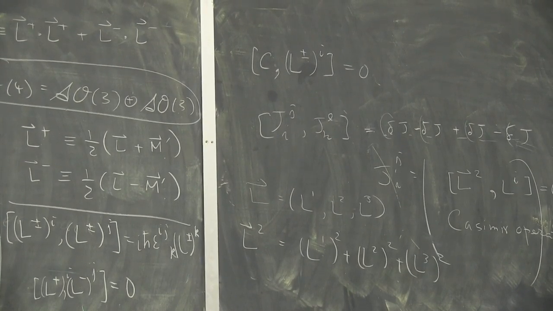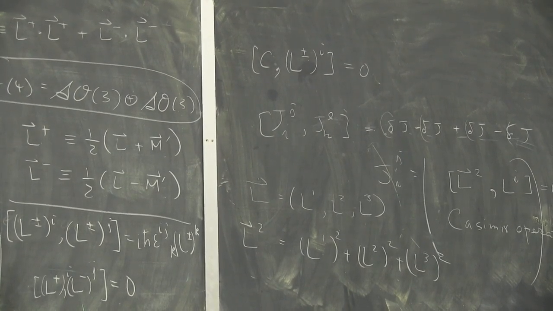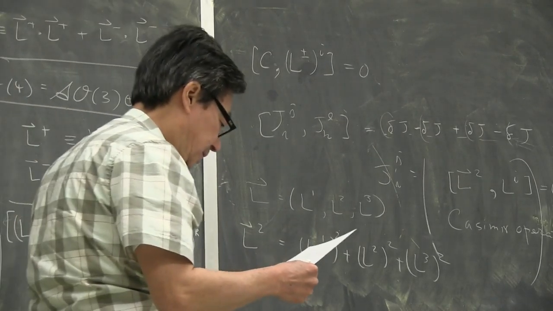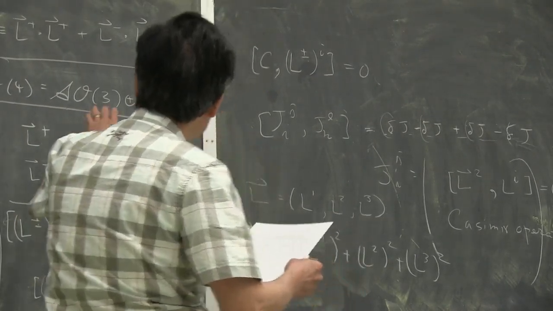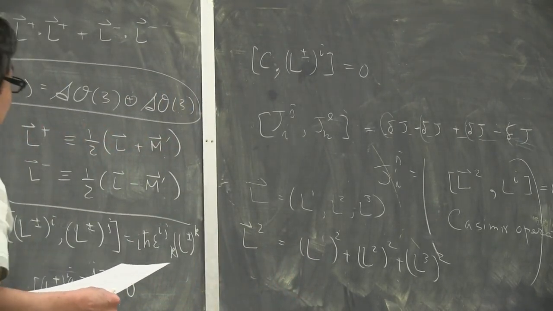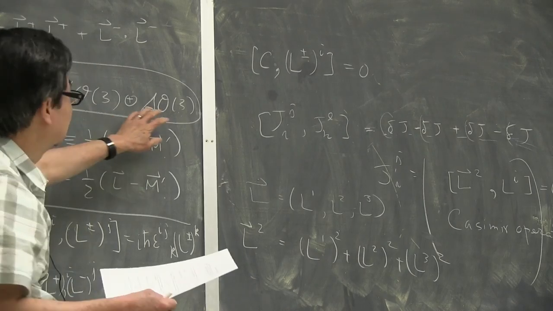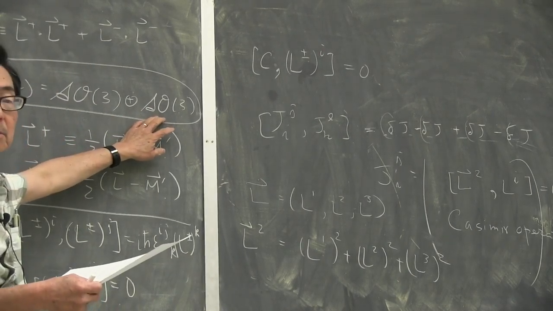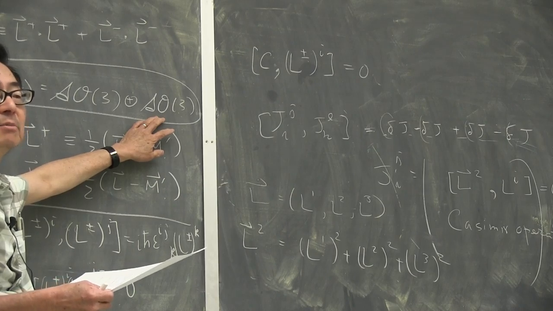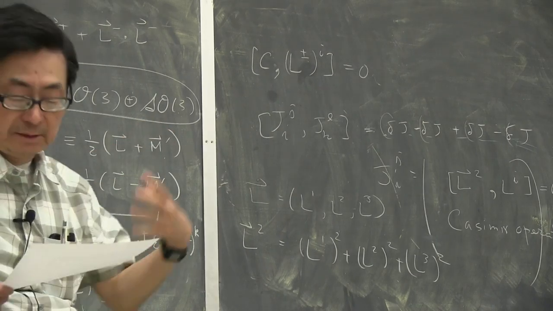All right. Now, the point is this, that because these two Lie algebras are the same, the eigenvalues of L plus dot L plus and the eigenvalues of L minus dot L minus are the same.